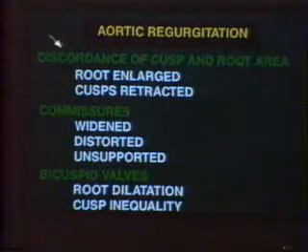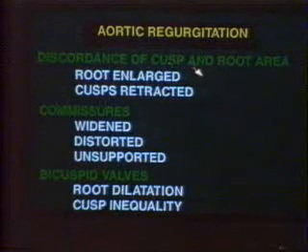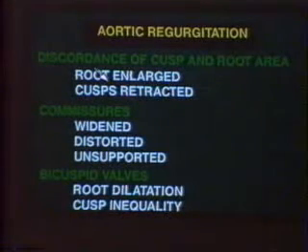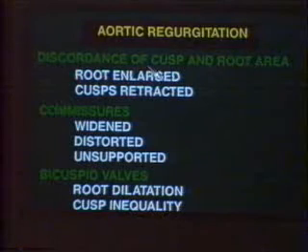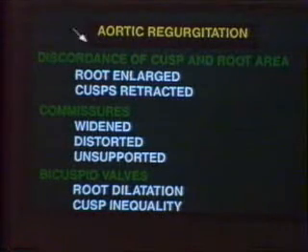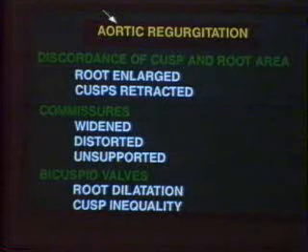And that means, is the aortic root big, or are the cusps relatively small? And I will show you a couple of examples of enlargement of the aortic root resulting in aortic regurgitation.